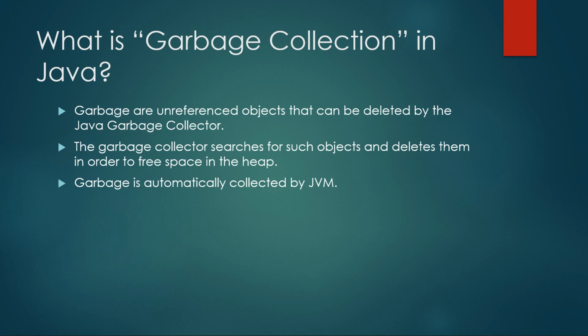You might be wondering what exactly these unreferenced objects are. Unreferenced objects are objects that used to have a reference, but now they don't. Let me show you a quick example.